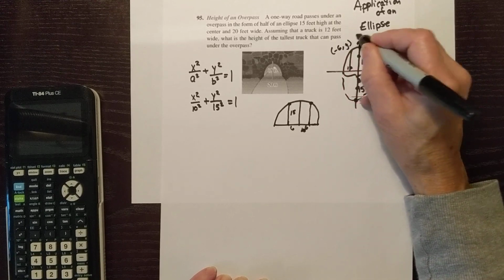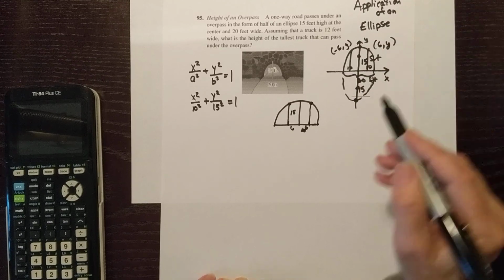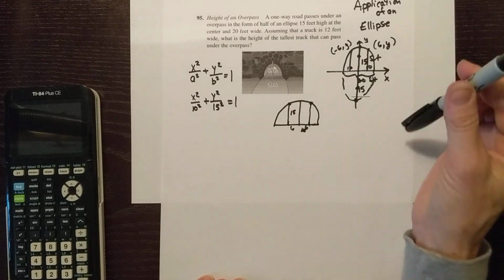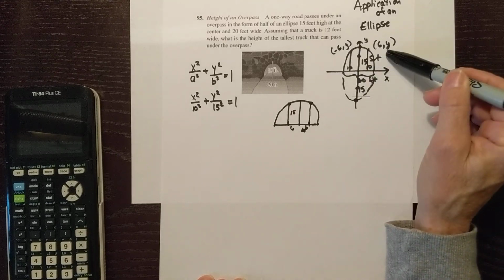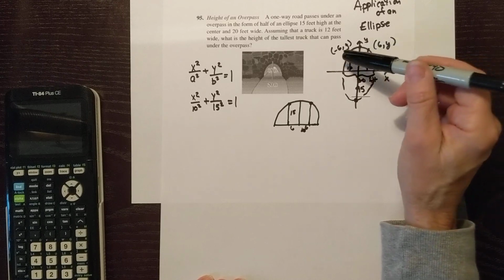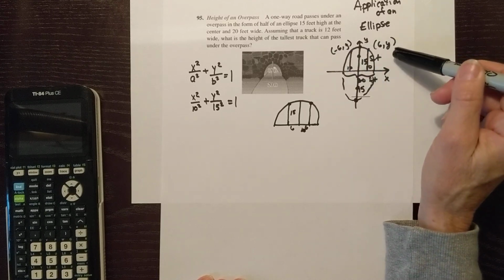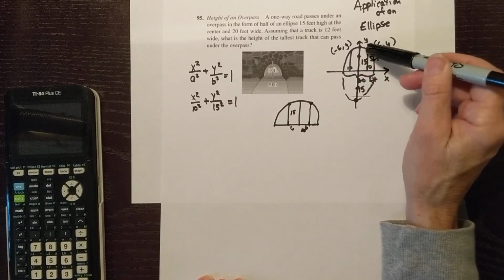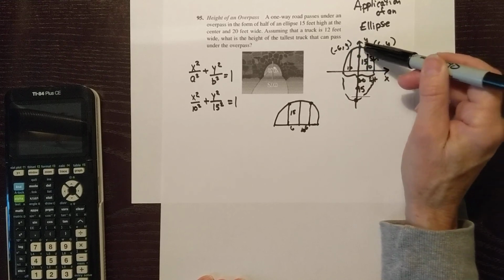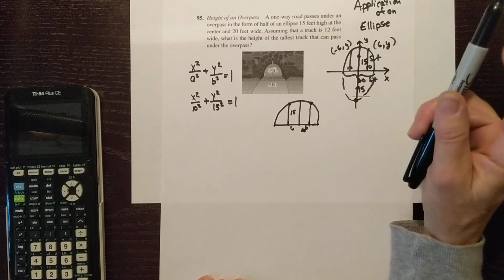All right, we have this working equation for every single point on here. We could choose either one of these points, but the idea is plug in the 6 for x or -6 for x and solve for y, and that will tell you the height of the arch right there. That will also tell you the tallest that a truck can be to fit through this overpass.